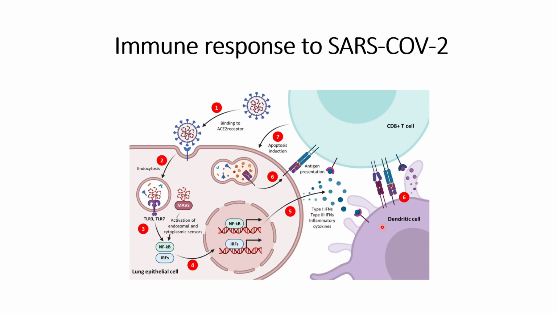which is detected by a dendritic cell. This dendritic cell will pass these interferons to the CD8 plus T cell, which finally activates the immune response against the infected cell, and that finally results in initiation of apoptosis within the infected cell.